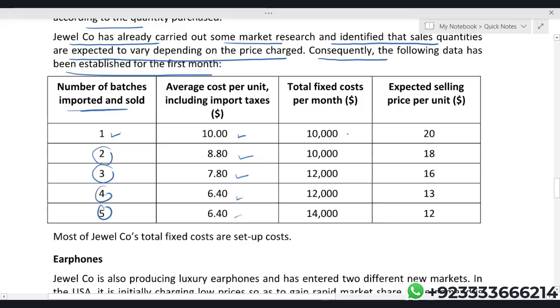Total fixed cost is 10,000. When you are dealing with only one batch, your fixed cost is 10. With 2 batches, it is 10. But when you go for 3 batches, it becomes 12. When you go for 4 batches, it still remains 12. With 5 batches, it is 14. So your fixed cost is a stepped fixed cost.